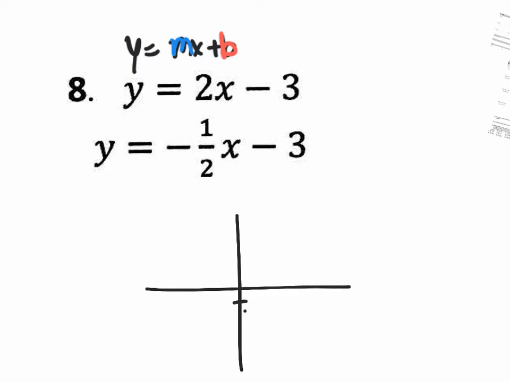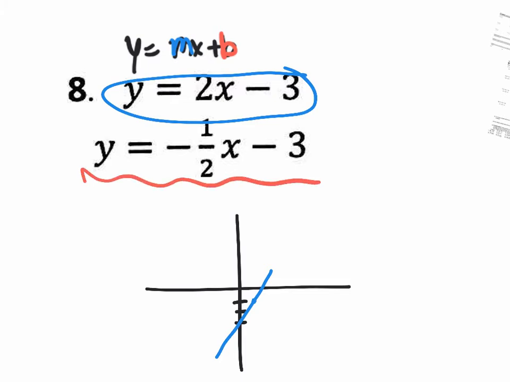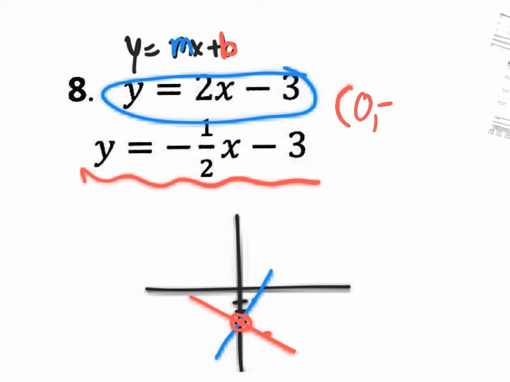This top equation crosses at -3, and you go up 2 over 1. So you have that line right there. And the other equation, I graph it in red, it crosses also at -3, and it's going to go down 1 over 2. And as you can see, there's your point of intersection, and that coordinate is 0, -3.